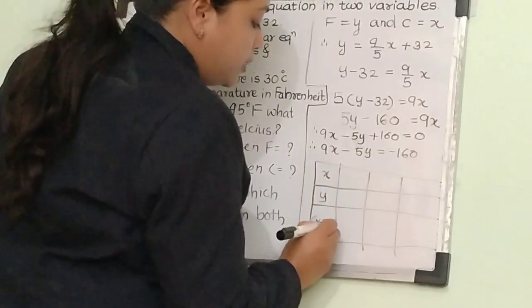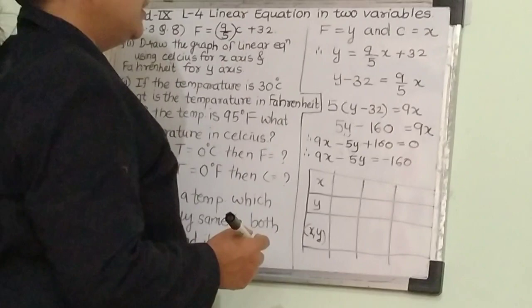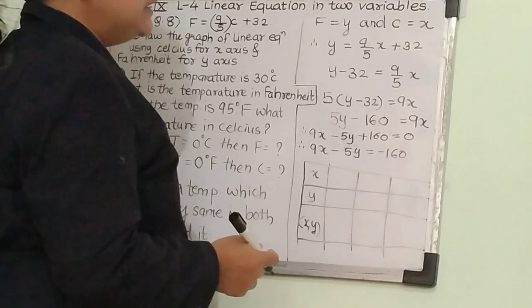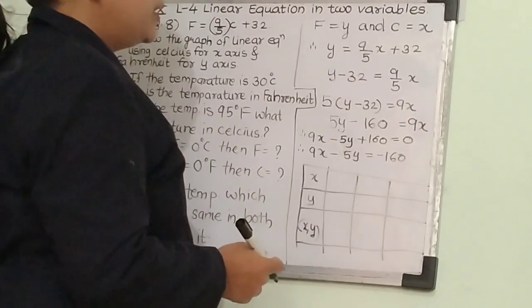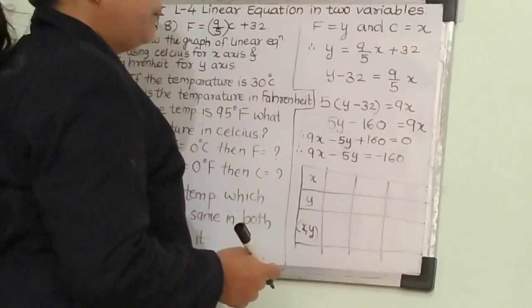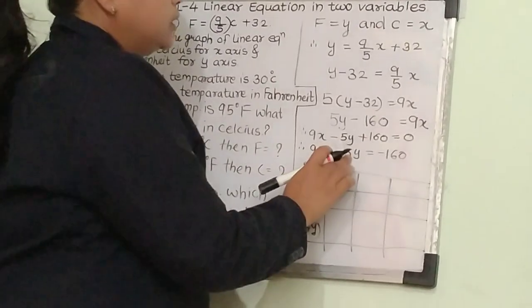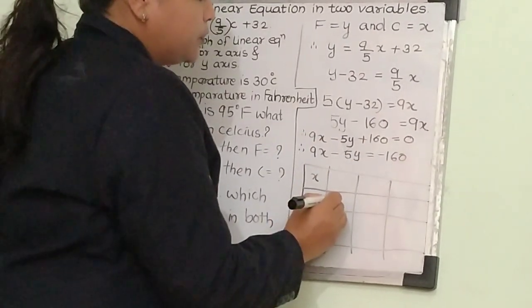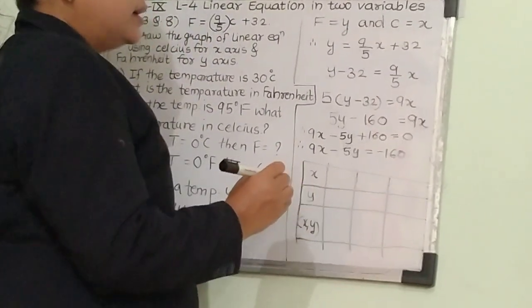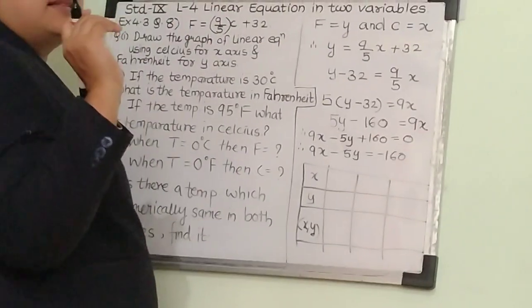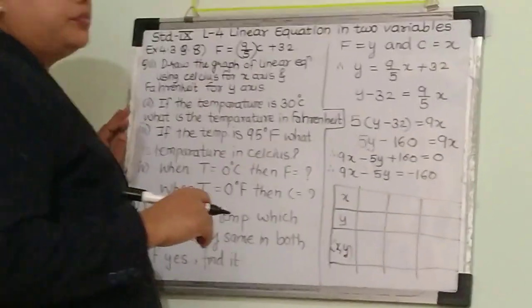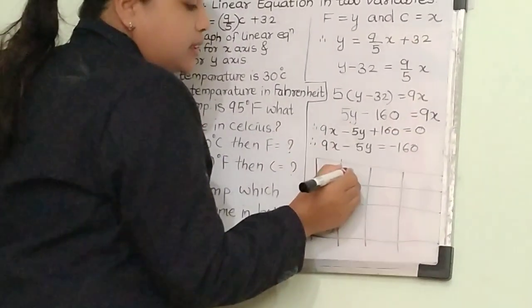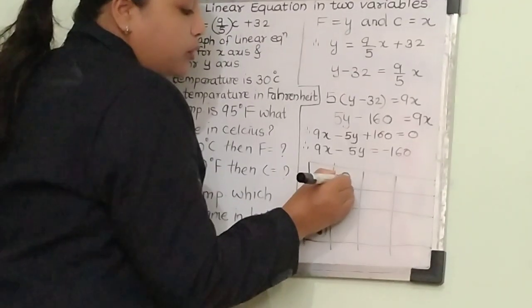Here x comma y. When I consider the values of x and y, first I will consider x equal to 0.